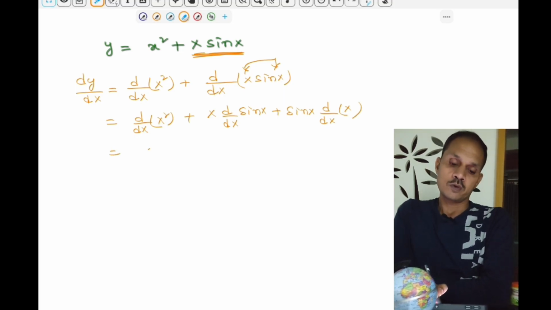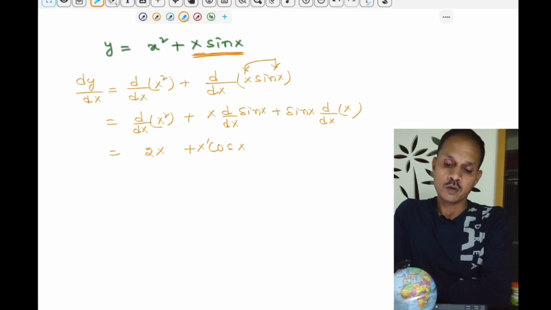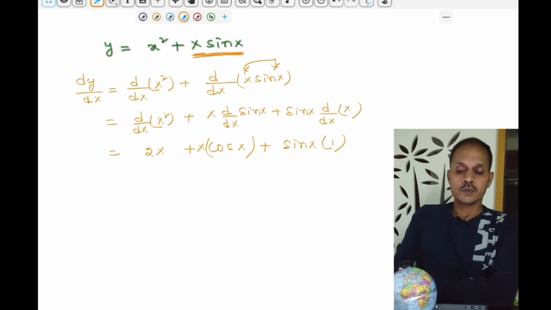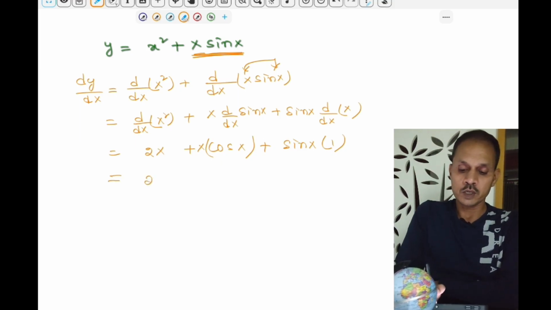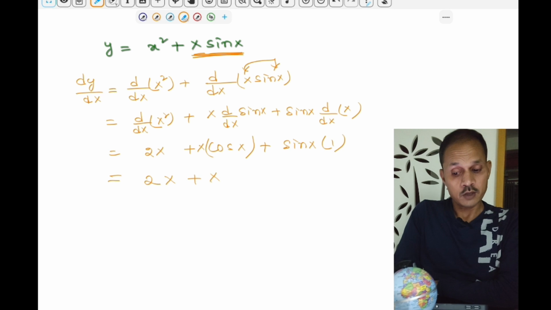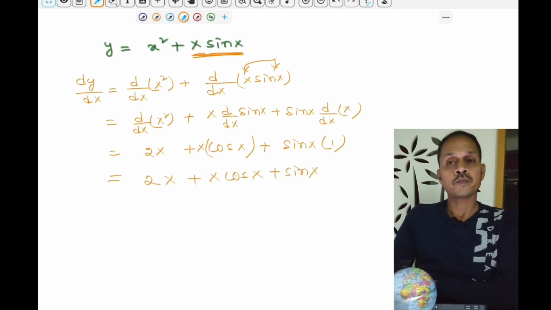So it becomes 2x plus cos x into x plus sin x into d by dx of x, which is 1. So the final answer is 2x plus x cos x plus sin x.